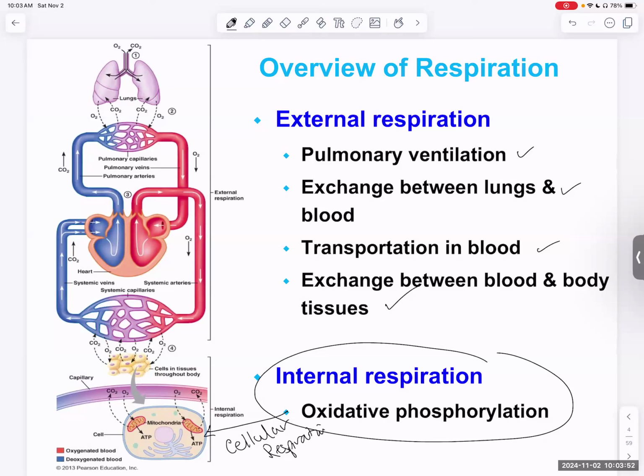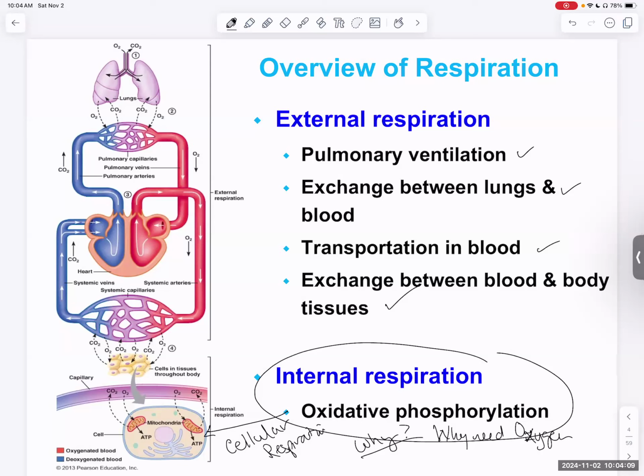Why? Why do we need oxygen? Because this is the whole point of the respiratory system, to get oxygen to the cells. Why?